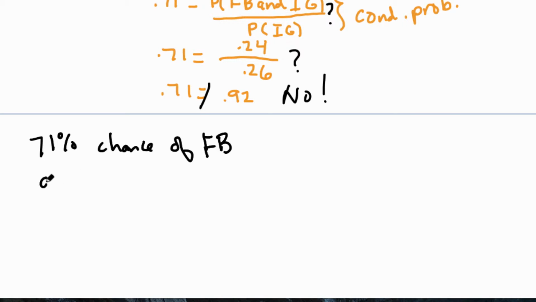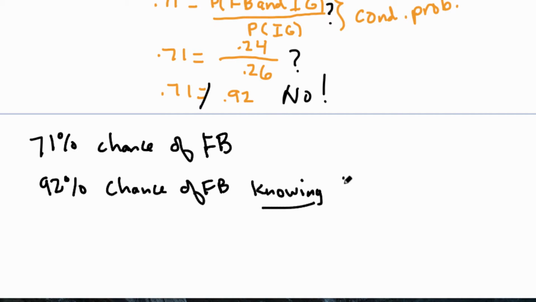What does 92% mean? 92%, that is the chance of someone being on Facebook knowing, that's another way to say given, knowing they are on Instagram. So if someone's on Instagram, there's a 92% chance that they are also on Facebook. That's much higher than just picking a random person, not knowing anything about if they're on Instagram or not. So the probability has increased.